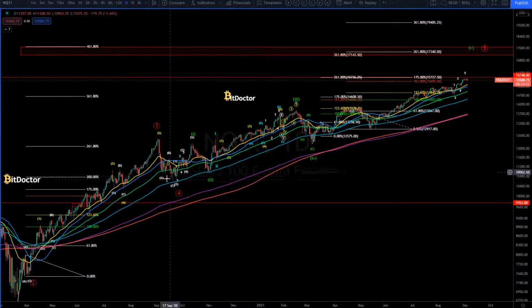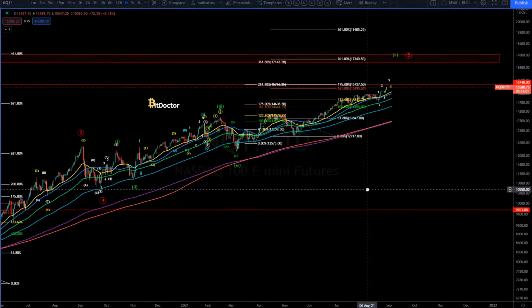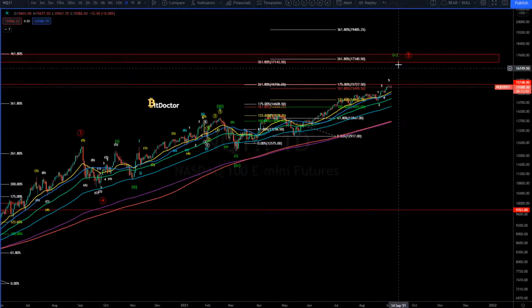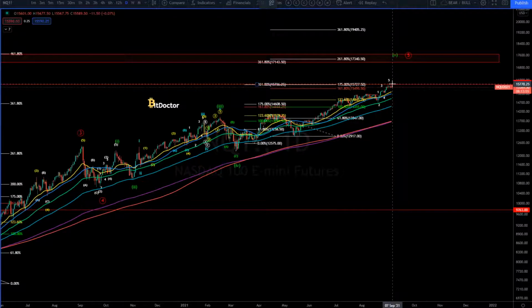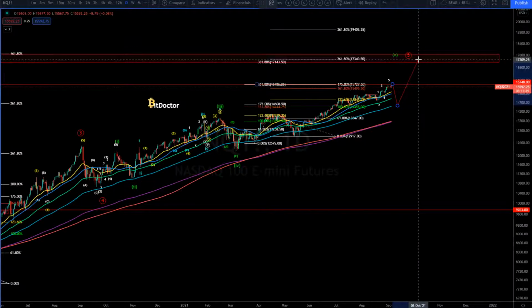We tend to try and move back to this cyan moving average, which is the 100 exponential. We touched it here, we broke down below it here, came back up above and retested it here. We tested it here. So again, if we do a pullback before we move up, this could happen in September, a pullback to about 14,500, and then we move up to this target.